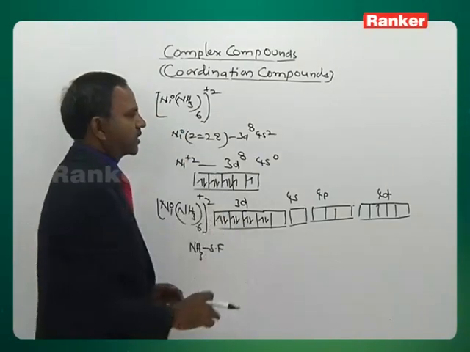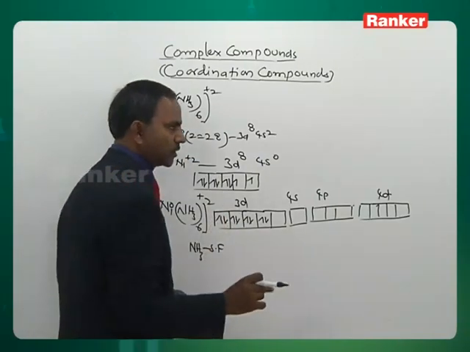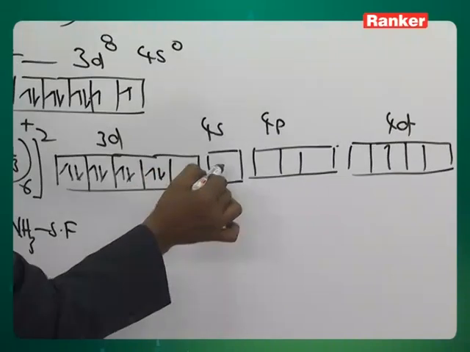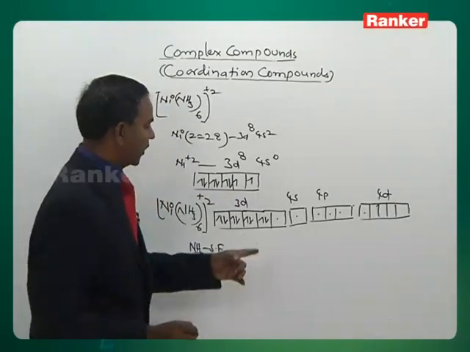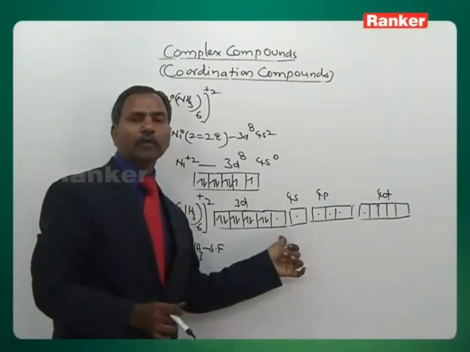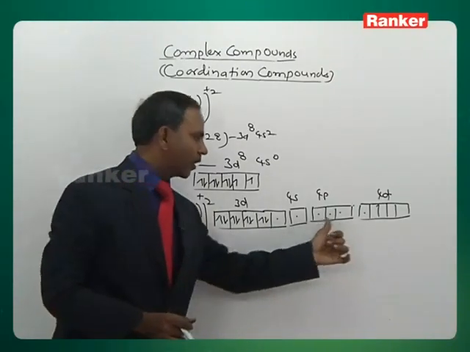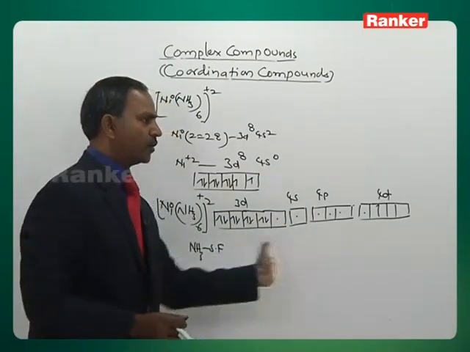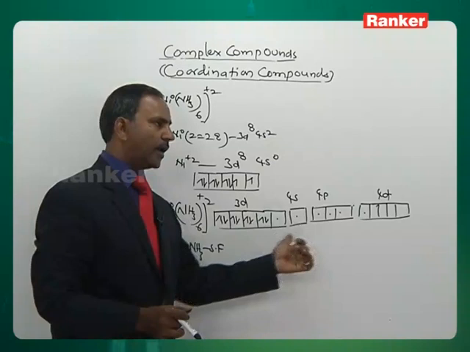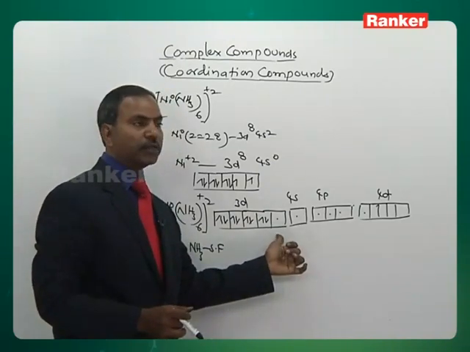But the coordination number is 6, so how many orbitals do you require? 6 orbitals: 1, 2, 3, 4, 5, 6. See how it is taking place. A d orbital from 3d and a d orbital from 4d are involved. What is the expected hybridization according to this arrangement? dsp3d.